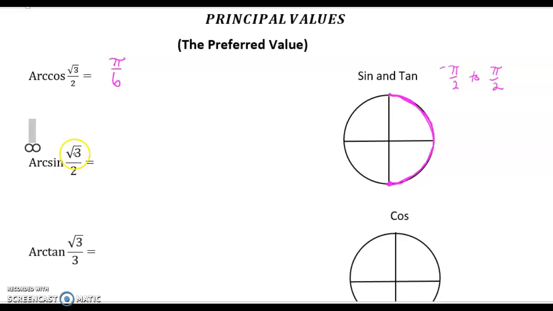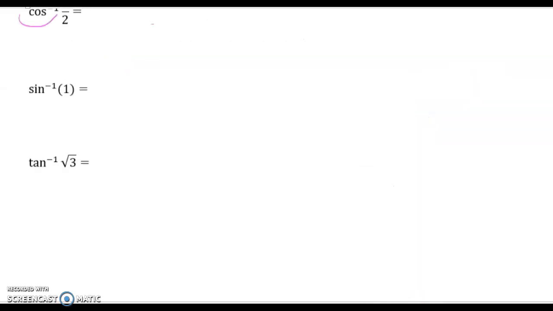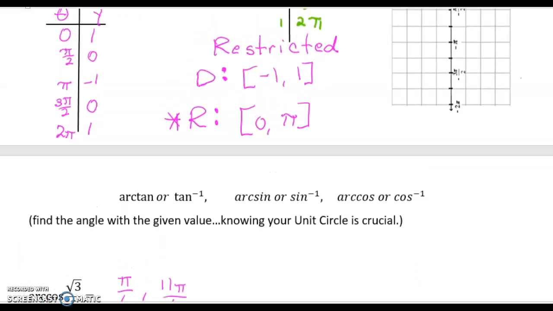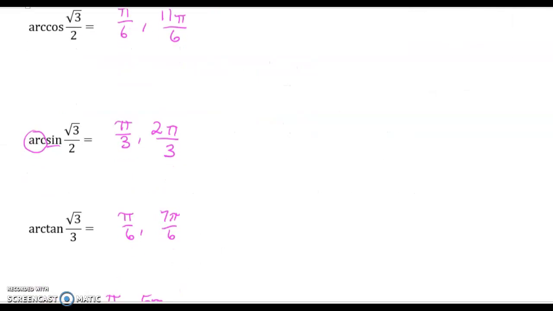And arc sine, square root of 3 over 2. What angle has a sine value of square root of 3 over 2? Oh, I'm sorry, this is cosine. That first one was cosine. Cosine's restricted range is 0 to pi.